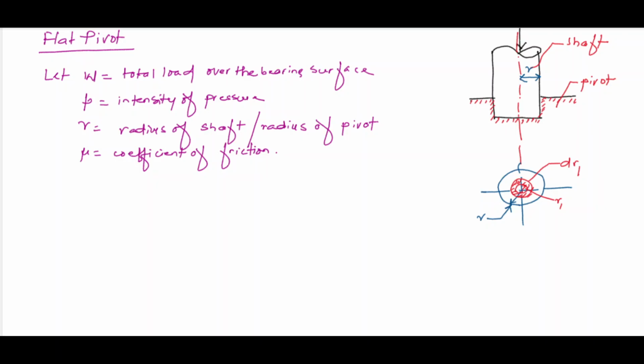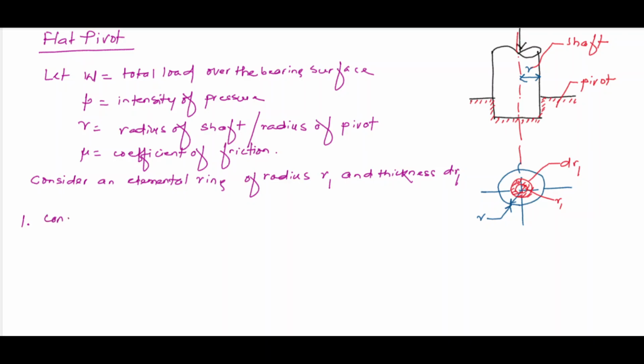Now as I told you, consider an elemental ring of radius r1 and thickness del r1.